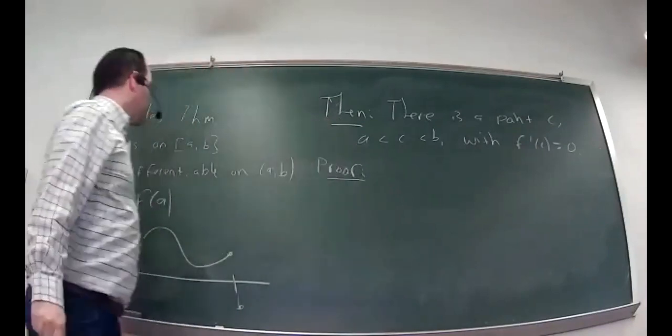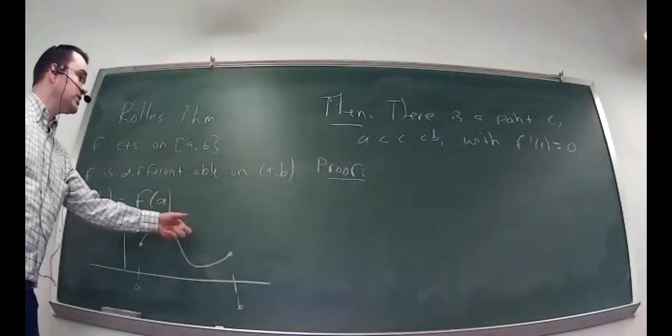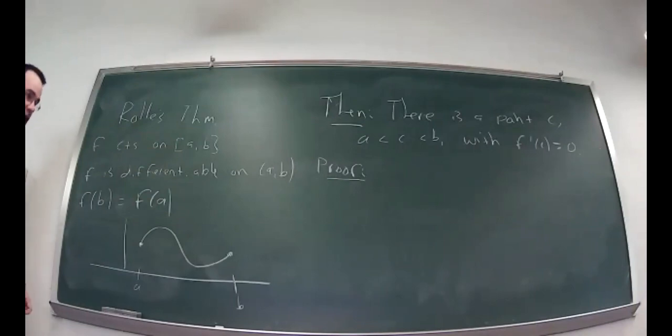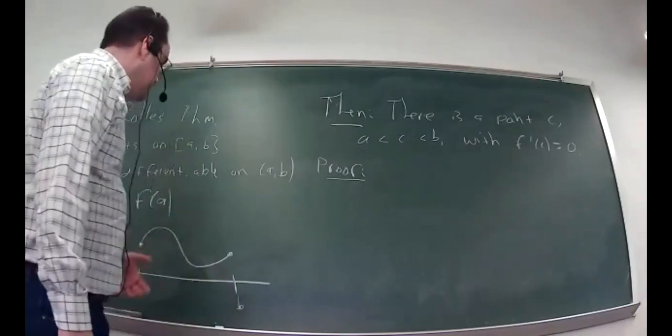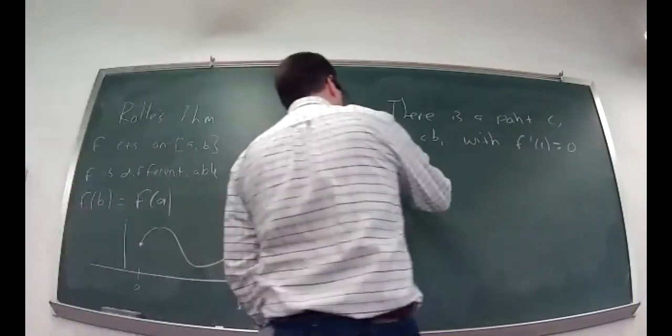Well, just like before, a continuous function on a closed interval must have a maximum and a minimum. So the maximum and minimum do exist. And once again, there's 2 cases.